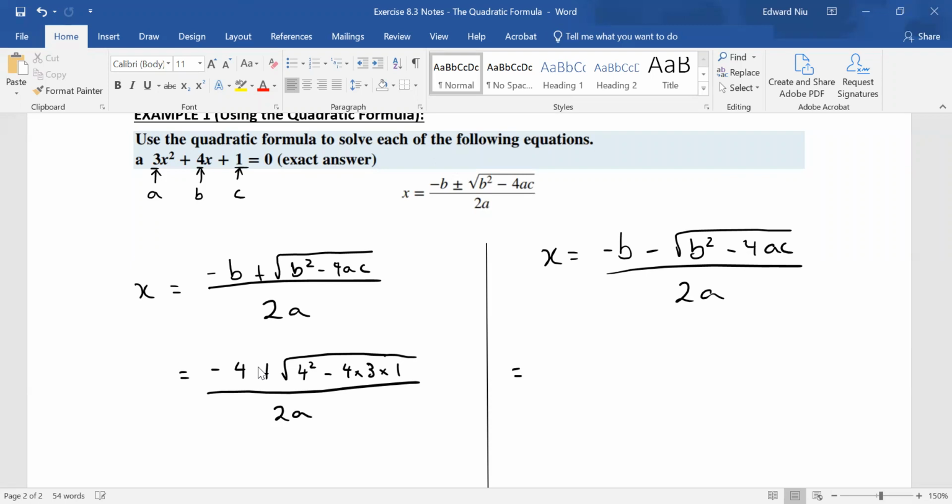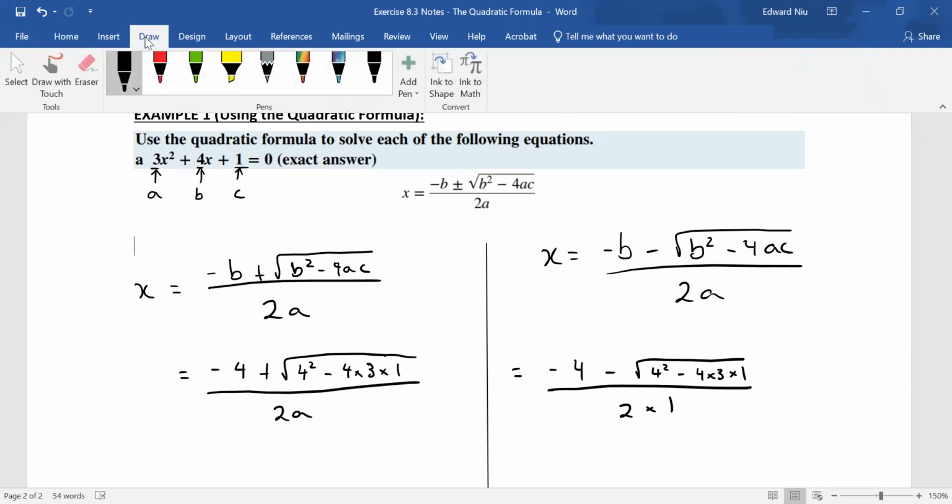On the right, we'll do the same thing, but instead of a plus, we'll have a minus. So we'll have negative 4 minus the square root of 4 squared, take away 4 times 3 times 1, divided by 2 times 3. Sorry, I forgot to substitute: we're meant to replace a with 3 because that's what the a value is.